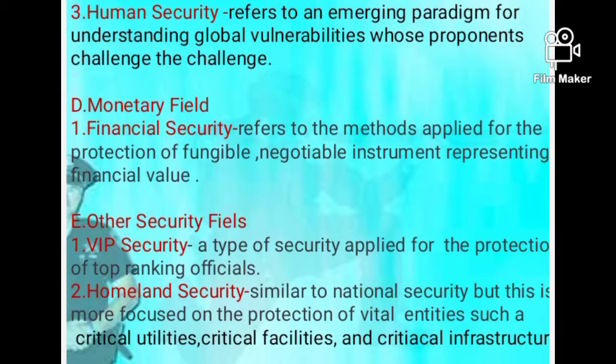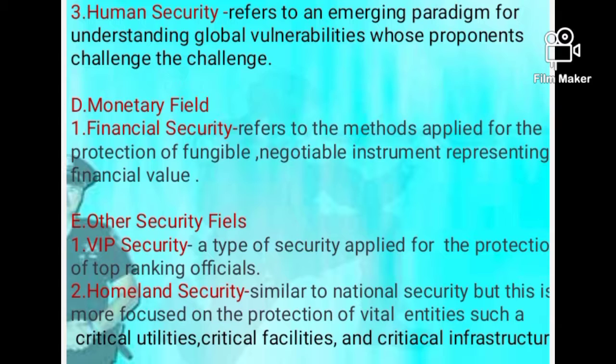E. Other security fields. Number 1. VIP security, a type of security applied for the protection of top-ranking officials of the government or private entity, visiting persons of illustrious standing, and foreign dignitaries.